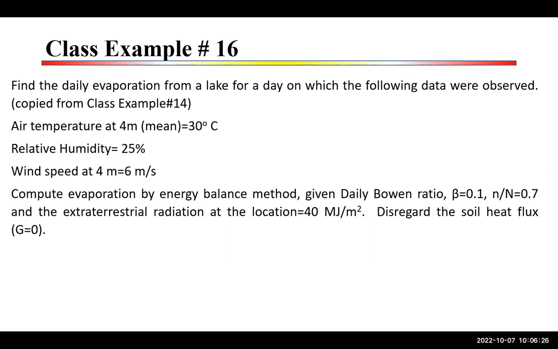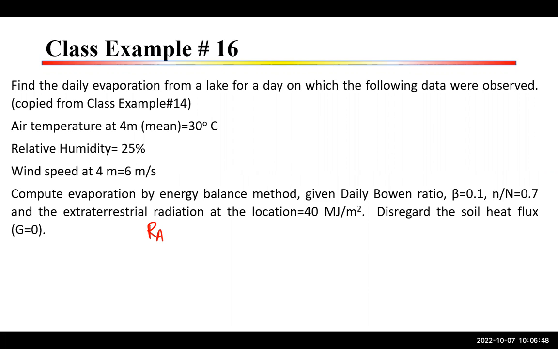N over N is the measured sunshine hours over the available sunshine hours, something like that. And extraterrestrial radiation is actually the Ra, the total amount of radiation coming from the sun to Earth.